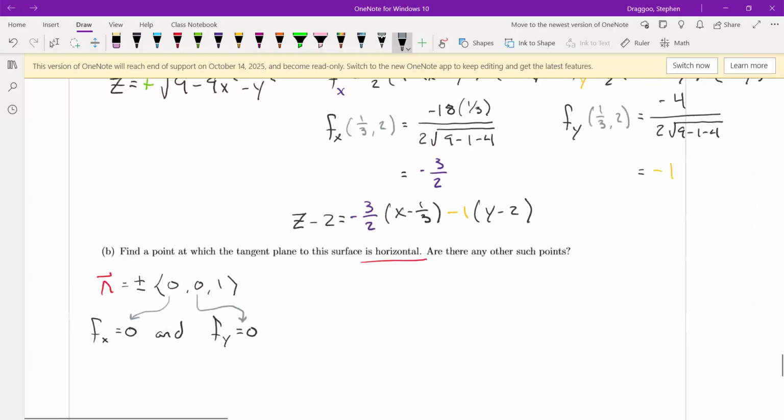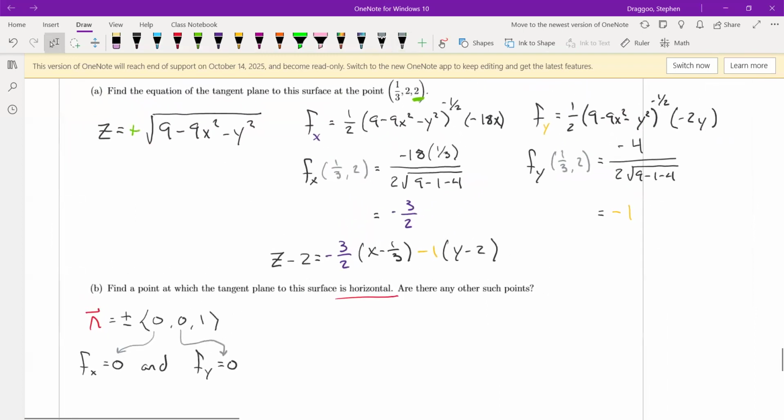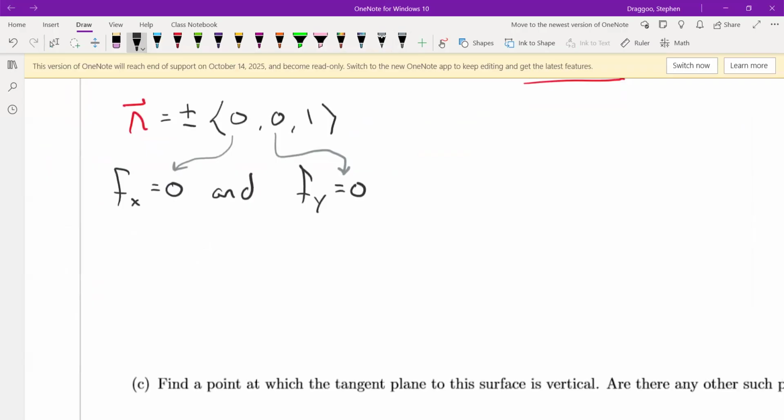Right, those would be my two elements. So if I come back to what those derivatives were, let's just clean them up and write them down right here. My x partial, I think, is going to be 9x divided by the square root of 9 minus 9x² minus 1y².